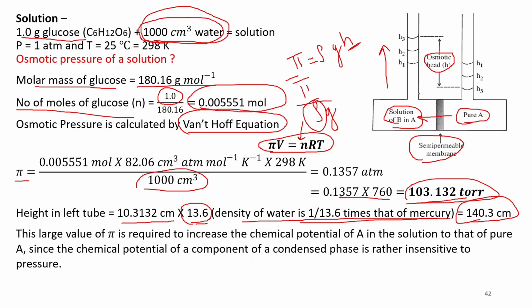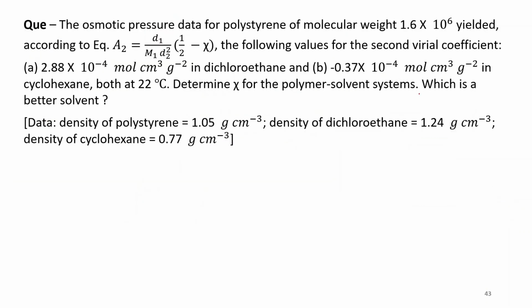Okay, so let's move to the next question, which is the osmotic pressure data for polystyrene of molecular weight. So we have polystyrene, which has a molecular weight of 1.6 into 10 to the power 6, and the equation is given with A2, the second virial coefficient.